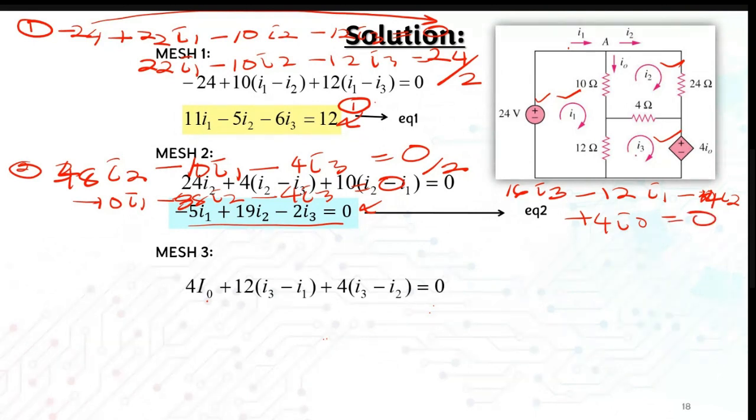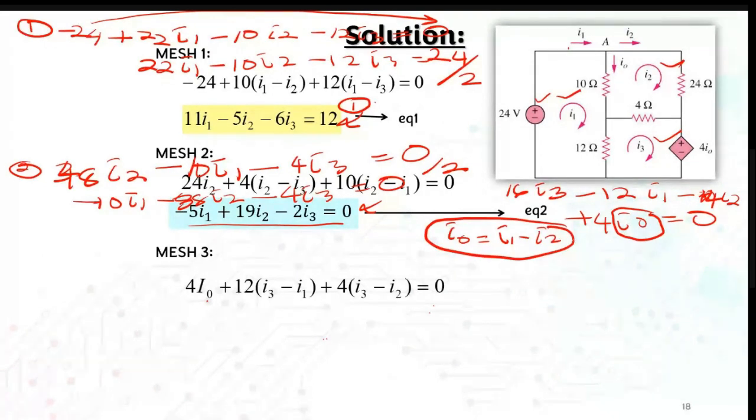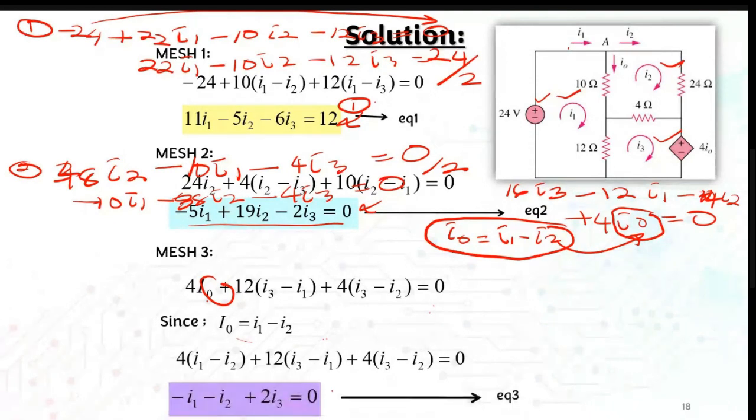The important part here is the constraint equation. I already wrote that I naught is equal to I1 minus I2, so you just need to substitute this value inside here for I naught. When you substitute and simplify, you will have this equation.